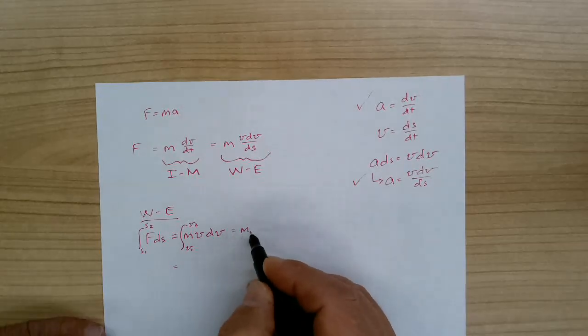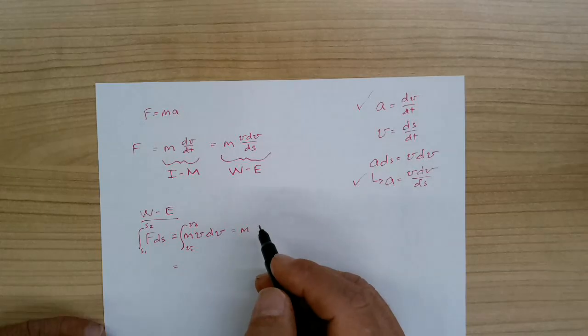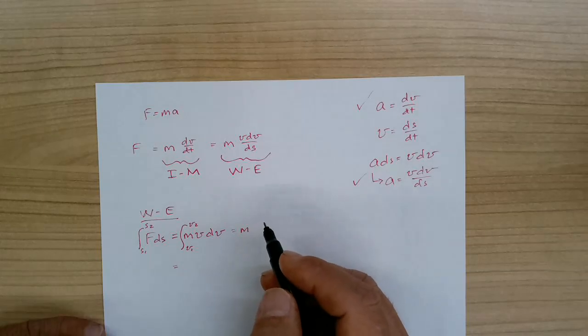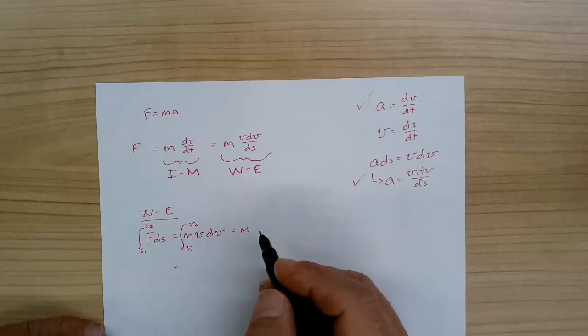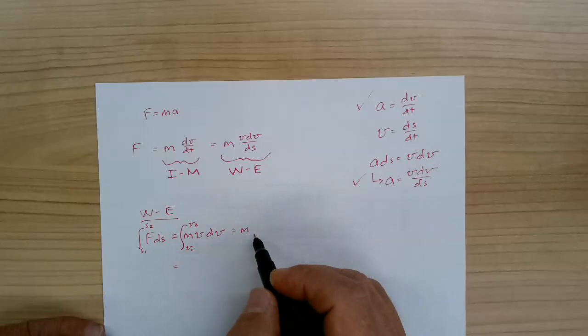You could take the mass out because the mass isn't changing, but realize, back to the burning gases, mass does change sometimes, so mass doesn't always come out.